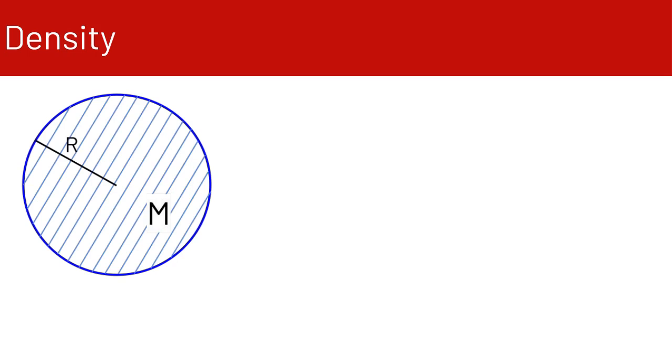All right, let's talk about density. So here we have an object. Let's say it's a planet. The planet has mass m, it has radius capital R, and it has a certain amount of density. So the equation for density is rho. That's what this is. It's a Greek letter. It's spelled RHO, pronounced rho.